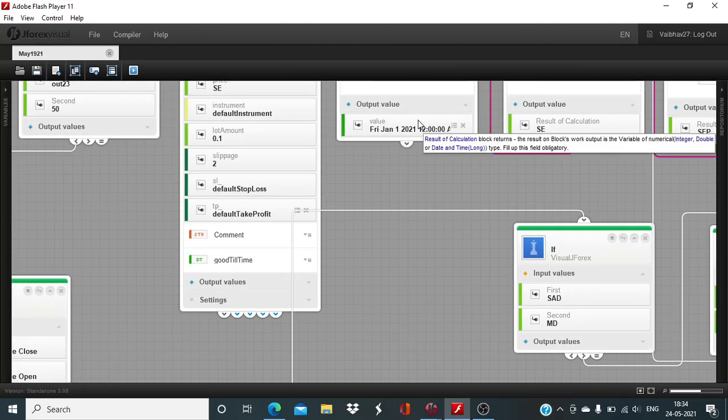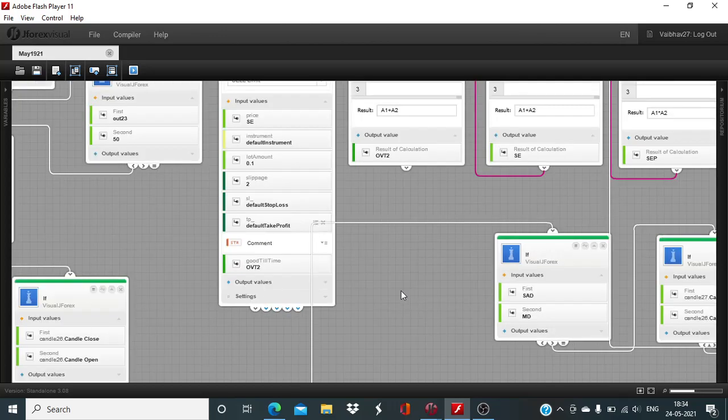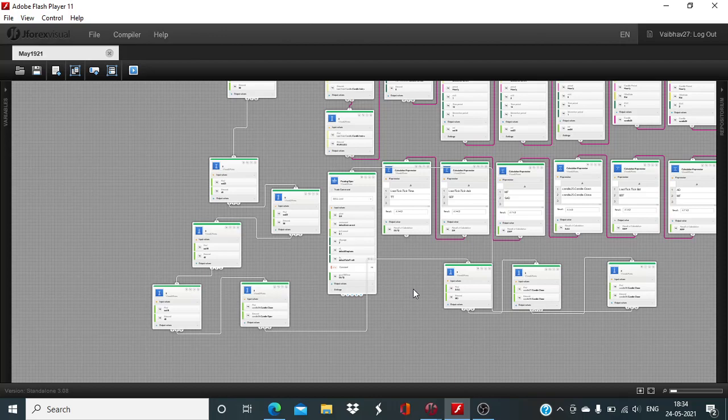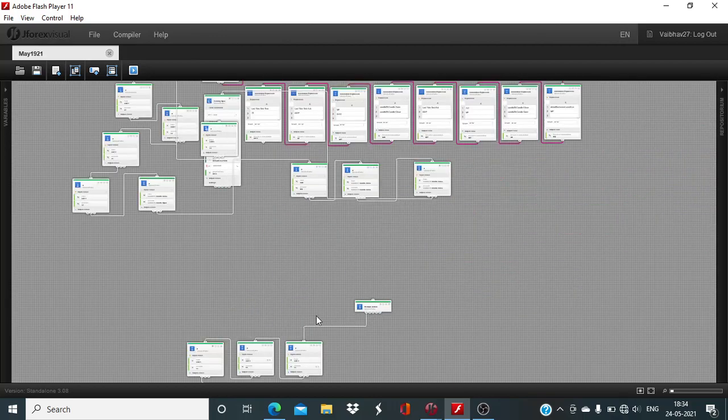I'll use this output value generated, and that means order validity for the sell side trade will also be 1 hour. Now let us arrange these blocks.